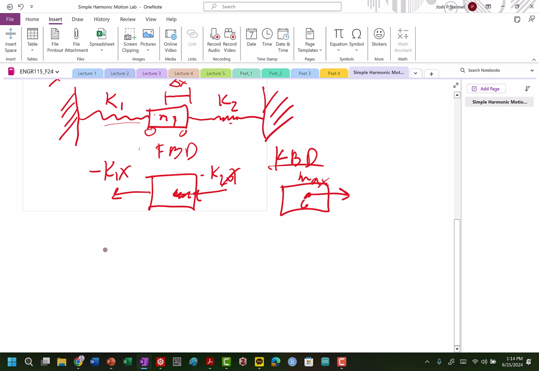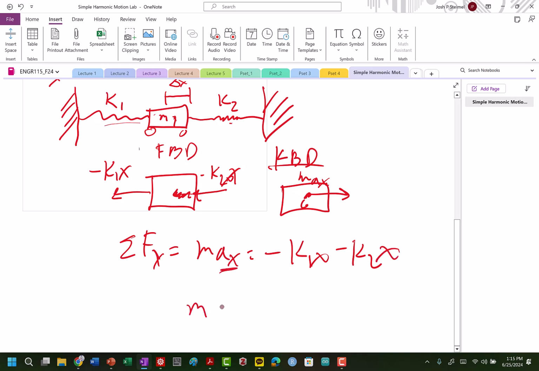So now, our sum of the forces in the x direction must be equal to mass times acceleration in x, which is going to be equal to minus K1x minus K2x. We're going to replace this with our other notation.